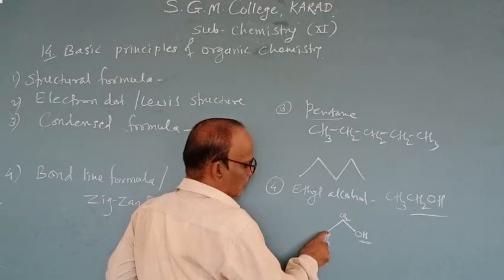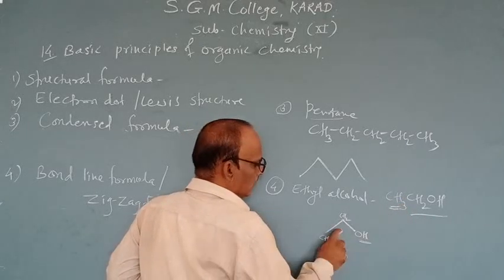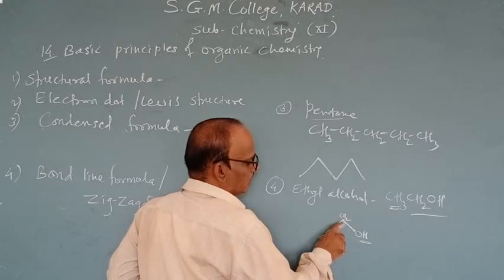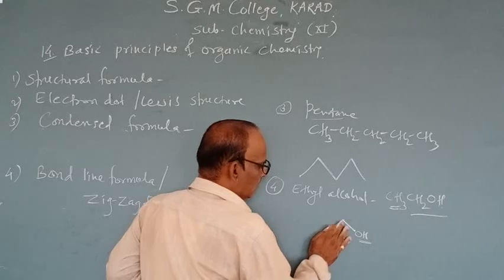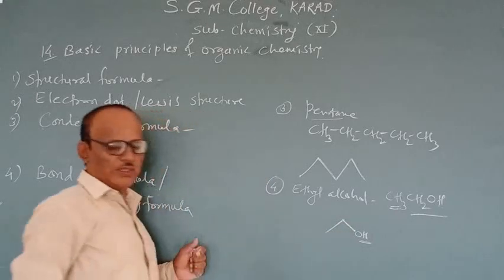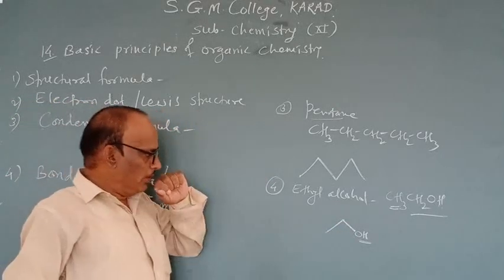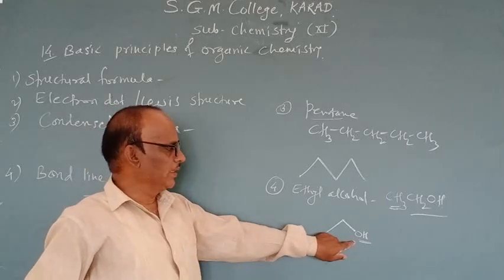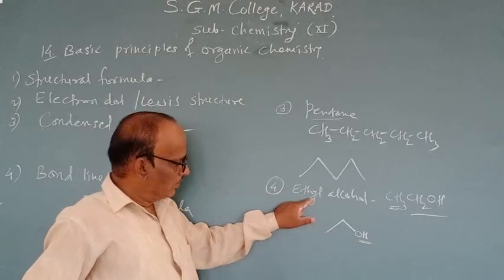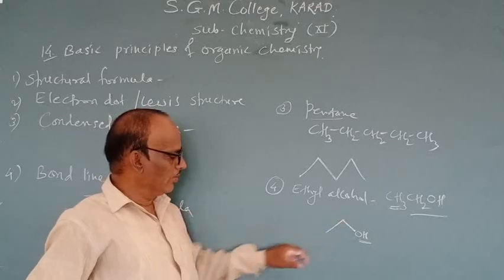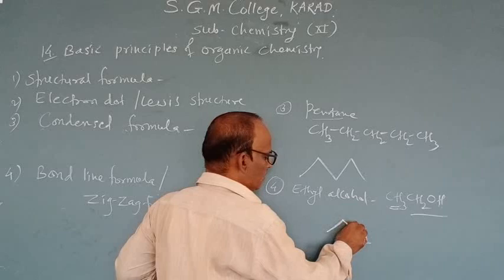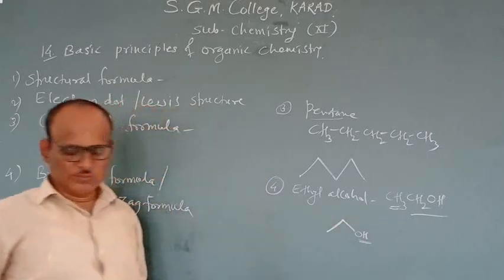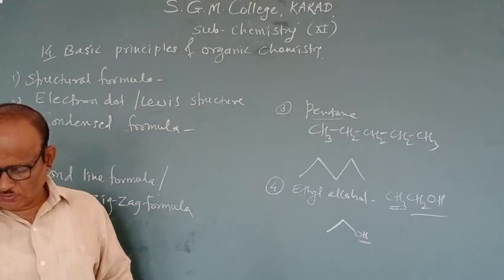The first end or first terminal is CH3, the intersection CH2, and the last end contains the OH group. So this CH2 and CH3 cannot be shown in a bond line formula, but functional groups are shown in a bond line formula. So therefore, the bond line formula of ethyl alcohol is like this, here CH3, CH2OH. So this is the bond line formula of ethyl alcohol.